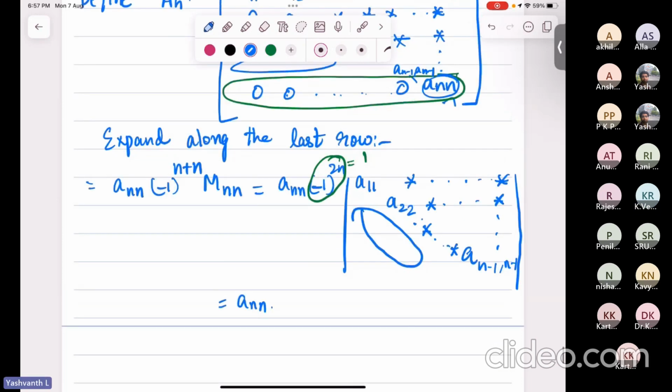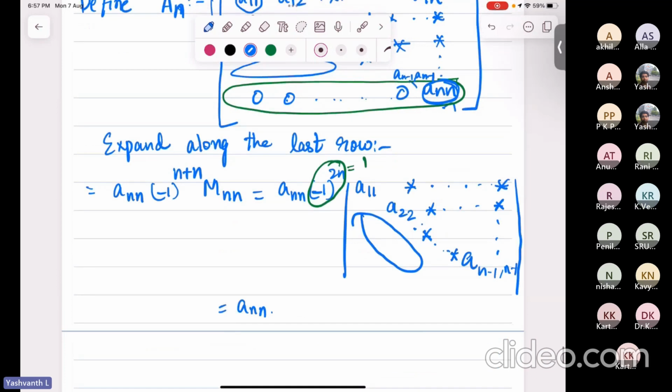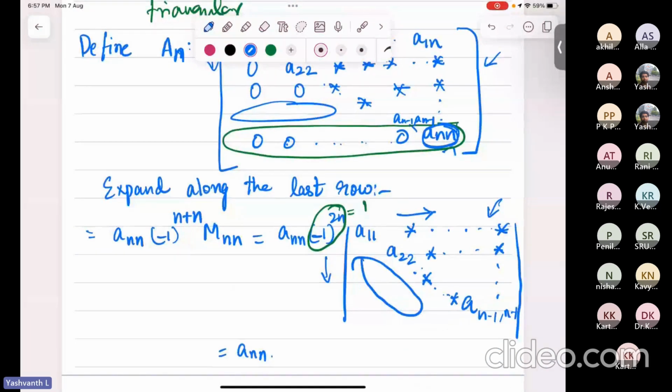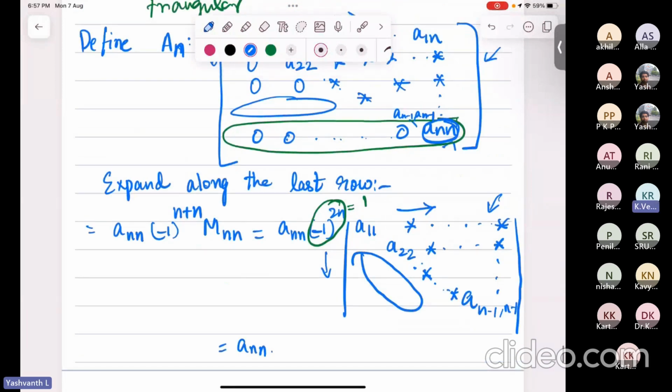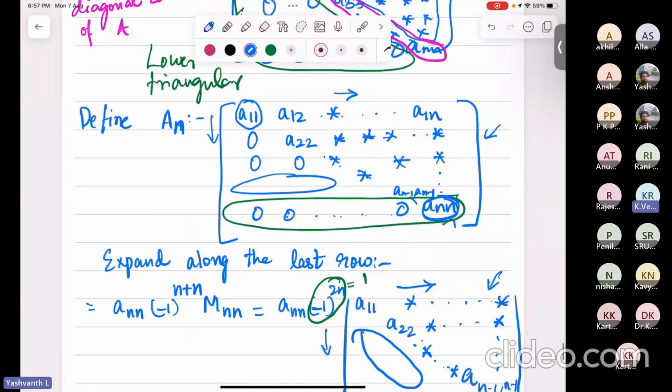If you recall, if I define this as A_n, it contains n rows and n columns, with the first entry a11 and last entry a_nn. And see this matrix clearly: it contains n minus 1 rows and n minus 1 columns, again of the same form as this matrix. The difference is that there are now n minus 1 rows and columns. Can anyone tell me how to call this matrix in terms of this representation? If I call this A_n, what is this called?